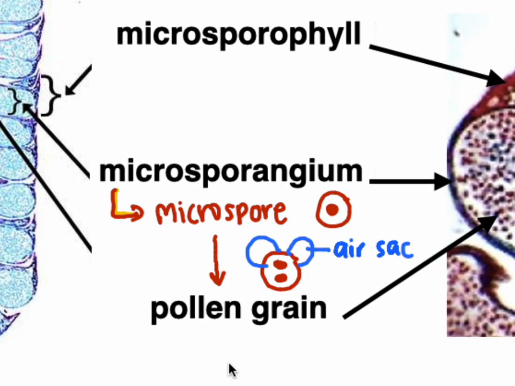And the pollen grain here acts as the male gametophyte, because later on, the pollen grain will produce sperm.